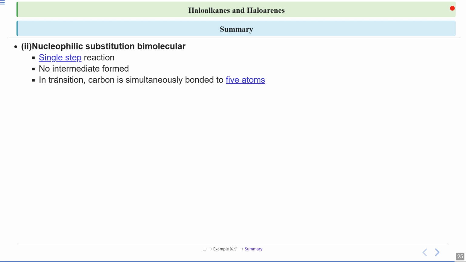It involves a transition state where the carbon is simultaneously bonded to 5 atoms, which includes 3 permanent carbon-hydrogen bonds, 1 incoming nucleophile and carbon bond, and 1 leaving nucleophile and carbon bond. The rate of this reaction depends upon the concentration of both alkyl halide and nucleophile. It is a second order reaction.